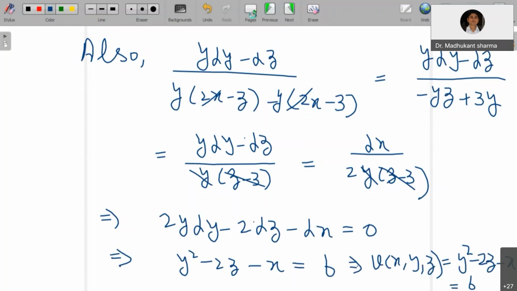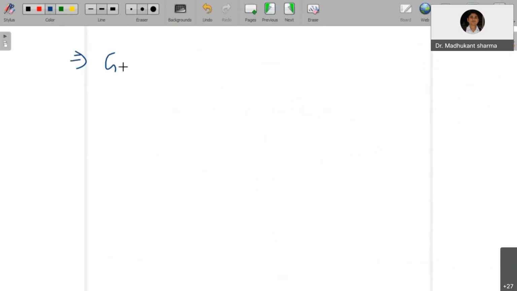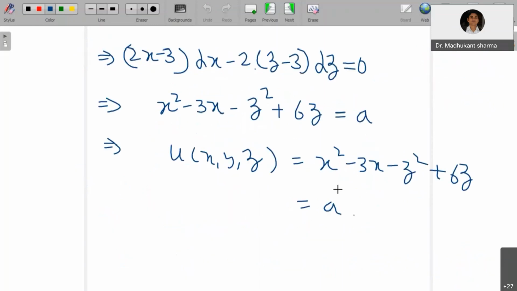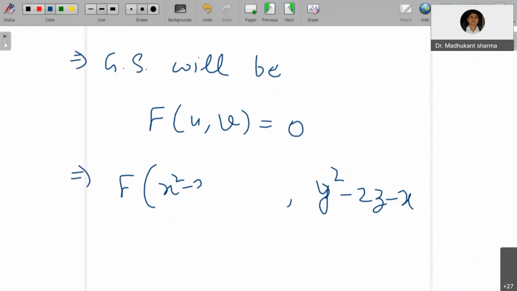So the general solution, therefore, will be f of u comma v equal to 0, means f of v, which is y square minus 2z minus x, and u, which is x square minus 3x minus z square, is equal to 0.